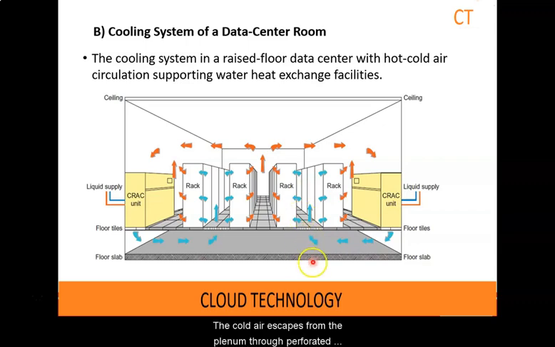The cold air escapes from the plenum through perforated tiles that are placed in front of server racks. The racks are arranged in long aisles that alternate between cold aisles and hot aisles to avoid mixing hot and cold air. The hot air produced by the servers circulates back to the intakes of CRAC units that cool it and then exhaust the cool air into the raised floor plenum again.